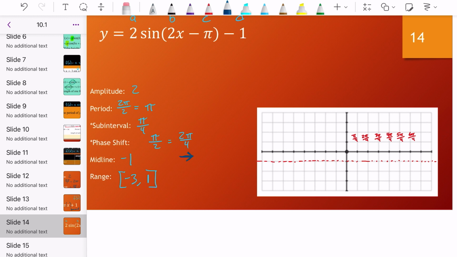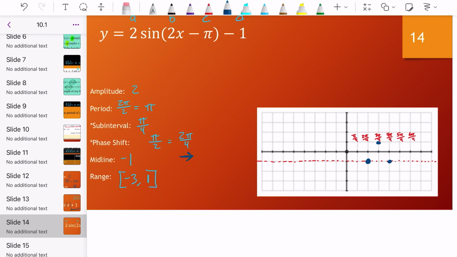Our midline is -1, and we're looking for 2 pi over 4. We still have a subinterval of pi over 4, which means we are going to hit the maximum, which is at 1, at 3 pi over 4. We are going to drop back down at 4 pi over 4, and it once again hits that midline.